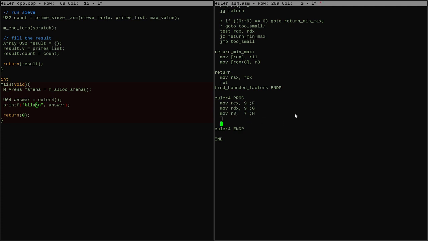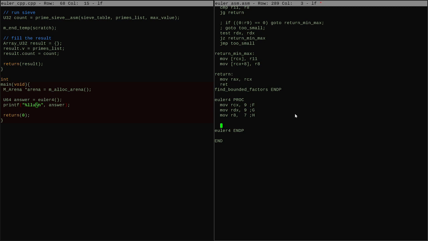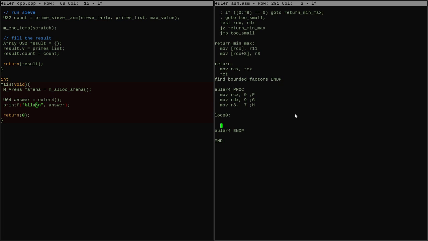And then what we're going to do is, let's start by writing the loop body, or rather the loop structure. So the loop begins: if RCX equals 0, go to quit. So quit is going to live down here, where we're going to return RAX.